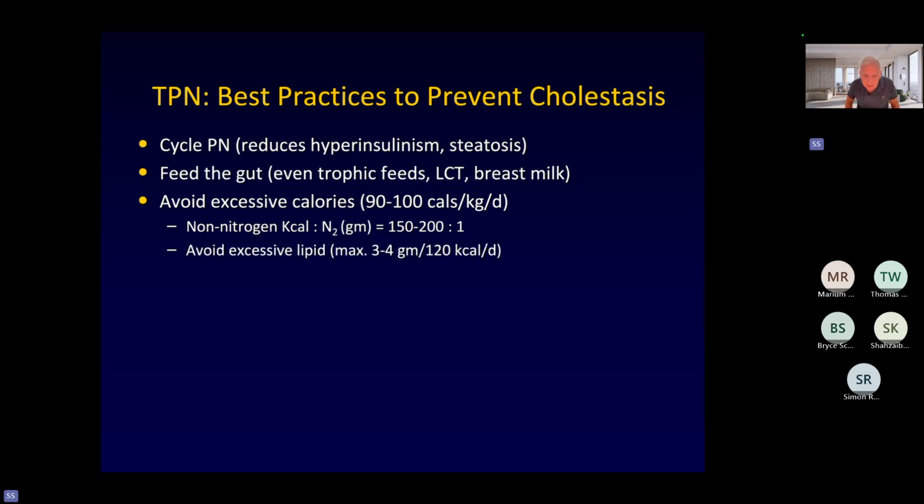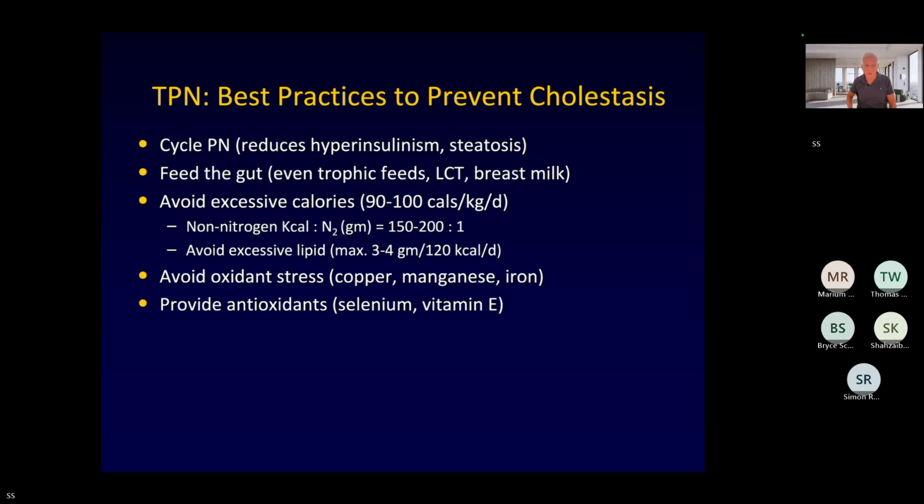Avoid excess lipid. Remember, the maximum is 3 to 4 grams per 120 kilocalories per day. And I'll have a little more to say about that in a moment. Avoid oxidant stress. Again, monitor your heavy metals, which are your main source of oxidative stress. Provide antioxidants. Make sure that things such as selenium and vitamin E are present and are available in your solutions.